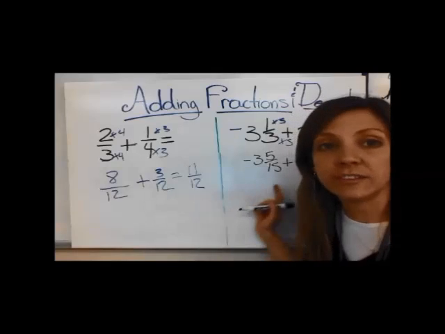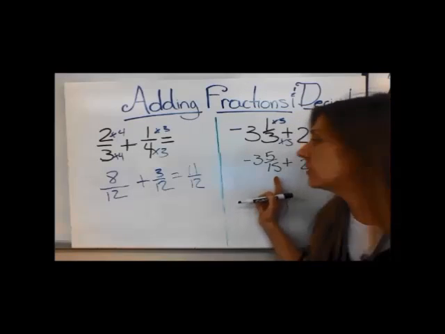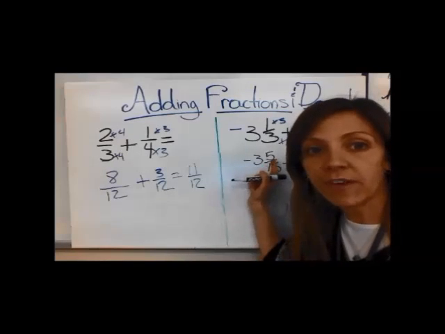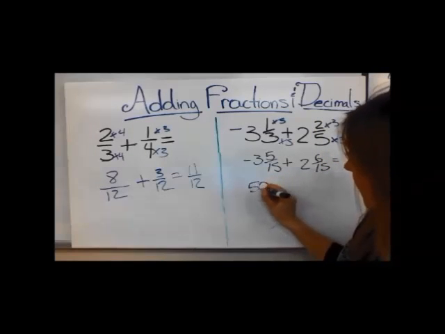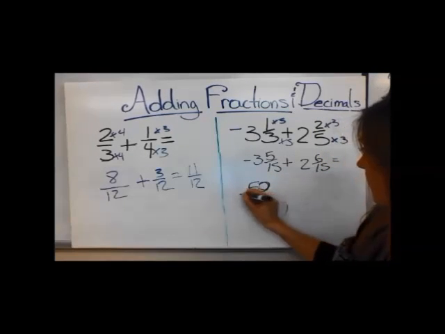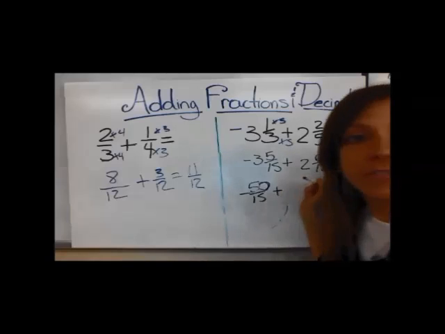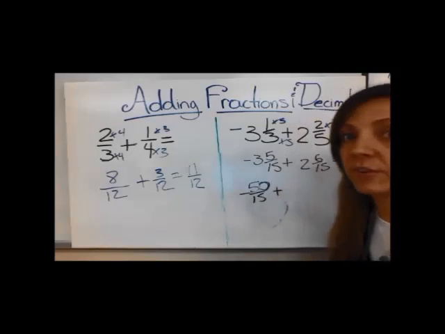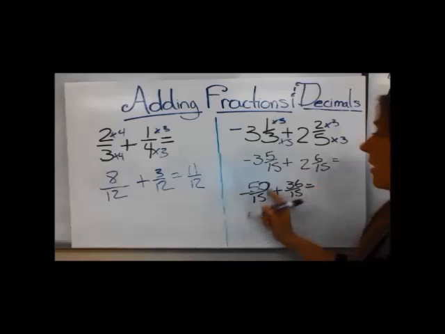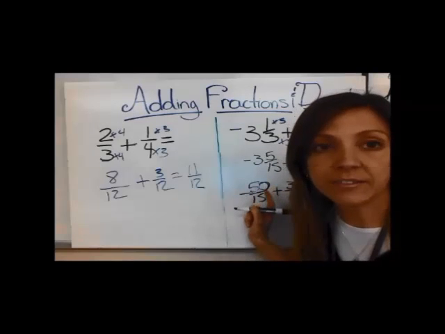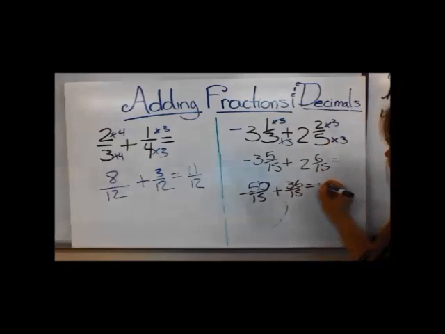Last, you can change these mixed numbers to improper fractions. 15 times 3 is 45 plus 5 is 50. 15 times 2 is 30 plus 6 is 36. -50 plus 36 is -14.